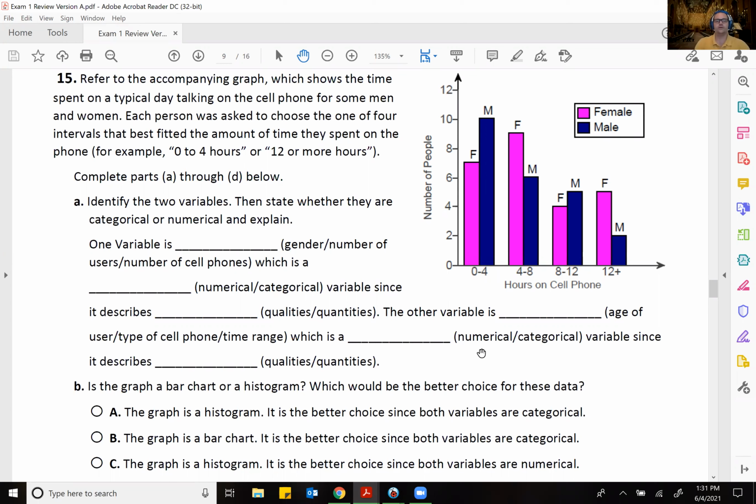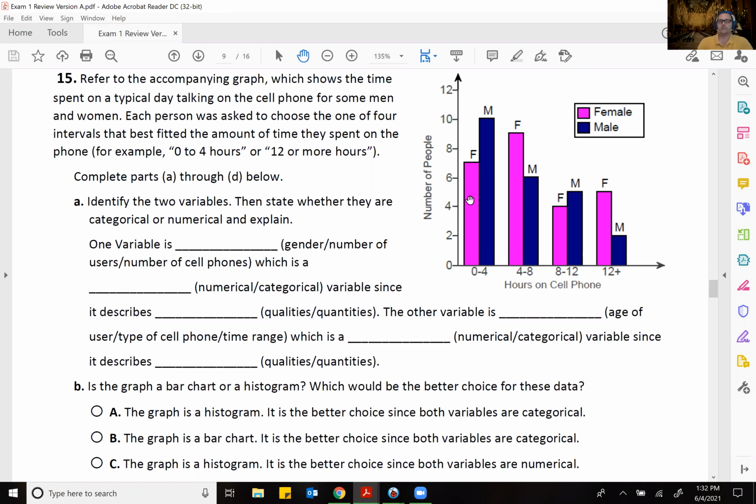Numerical data is always quantitative though. So in this one, because you are falling into ranges, you are falling into different buckets. That's what makes this categorical. You are not telling me the specific number.